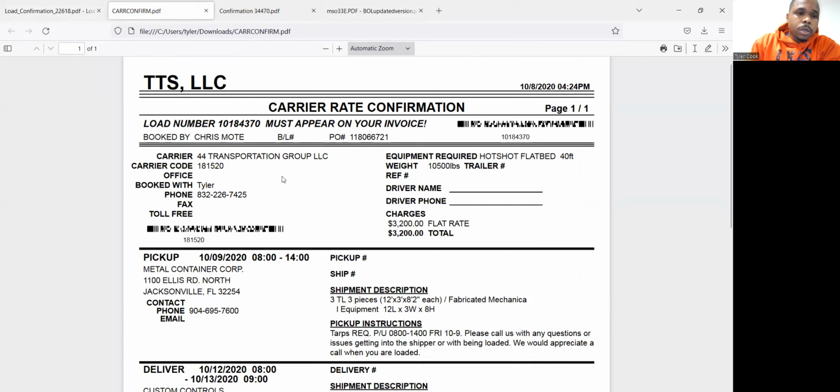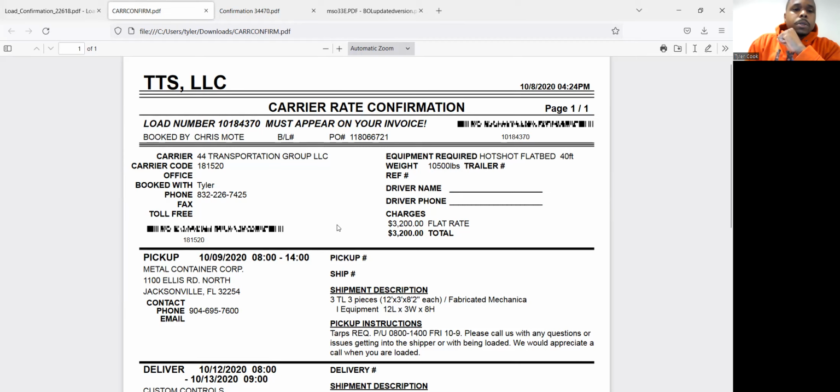Now I'm going to go into this TTS one. As you can see over the equipment, it says exactly what we had, which was a hot shot flatbed, 40 foot. You do want to make sure the length is right. If you have drivers with shorter trailers, just double check. You've got a weight of 10,500 pounds. You're running non-CDL, so that's something to pay attention to because you're kind of close to overweight.